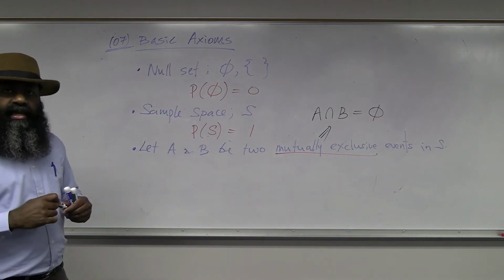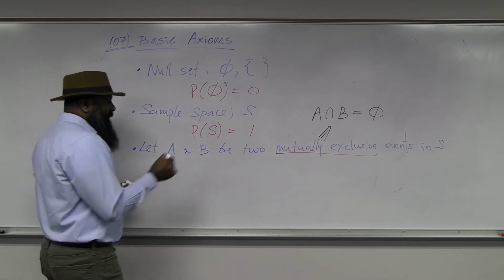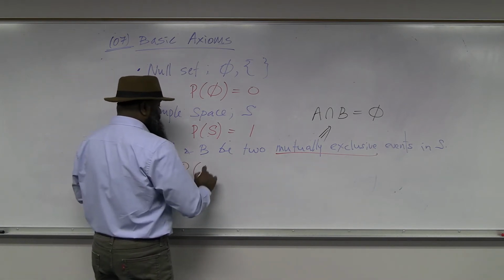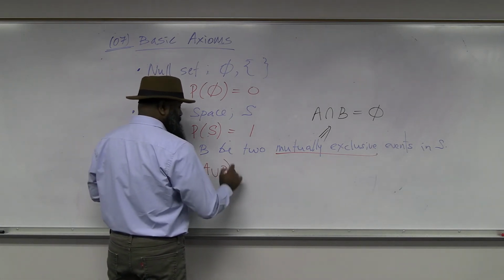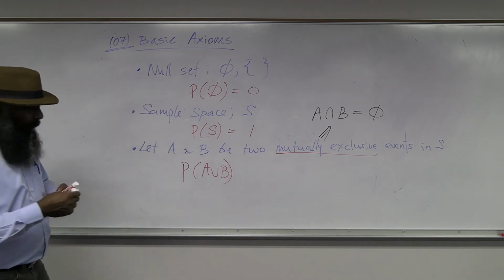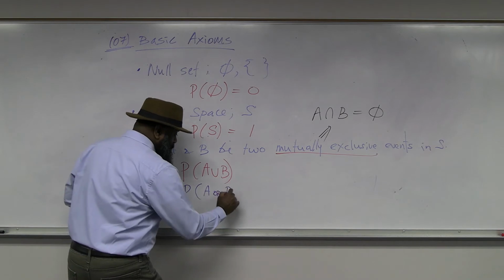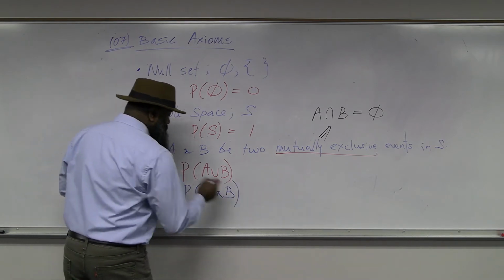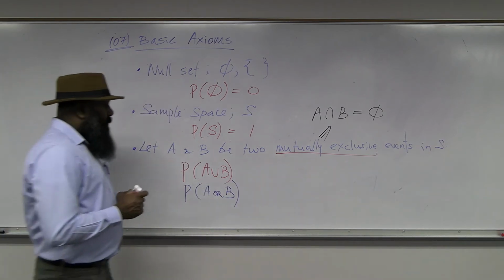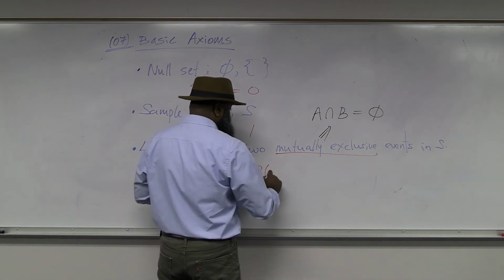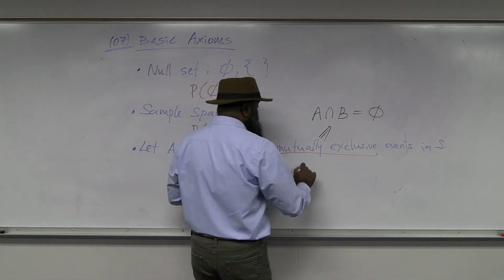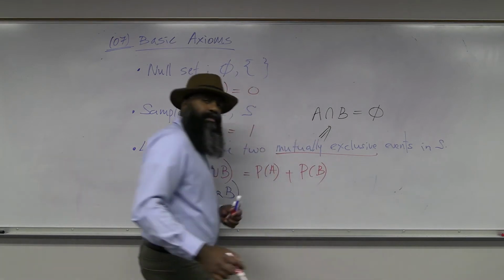Now, if that's the case, the third basic axiom says the probability of A union B, or in other words, the probability of A or B, will be equal to probability of A plus probability of B. That's it.